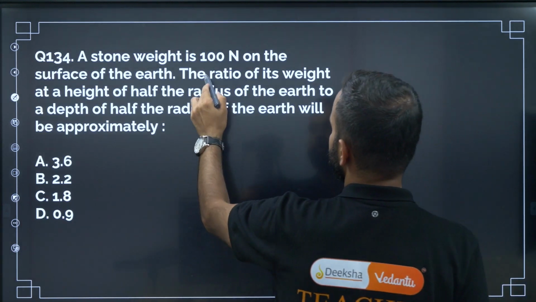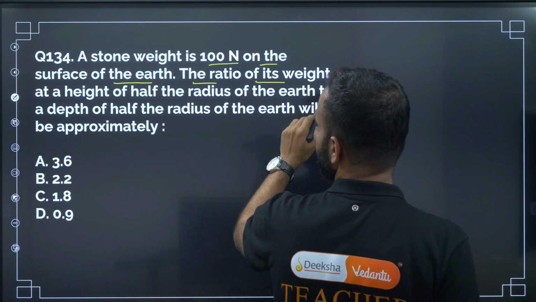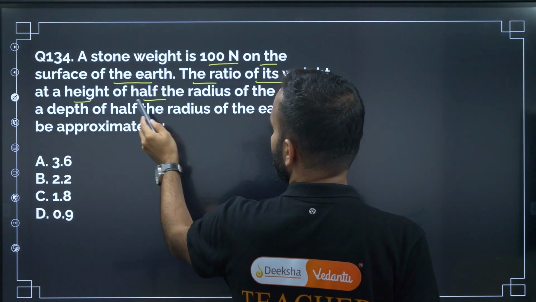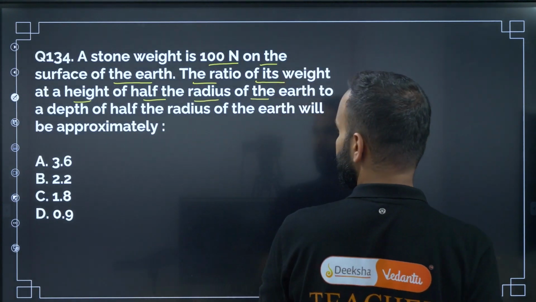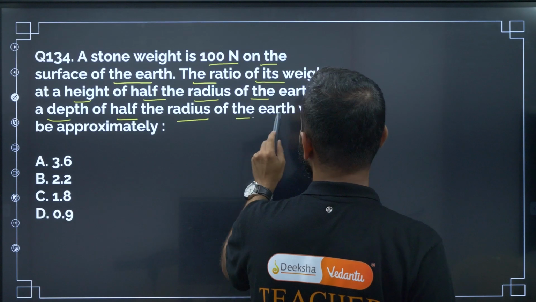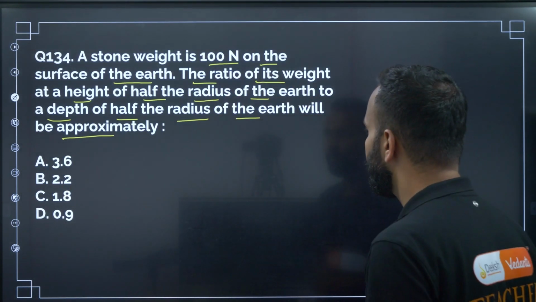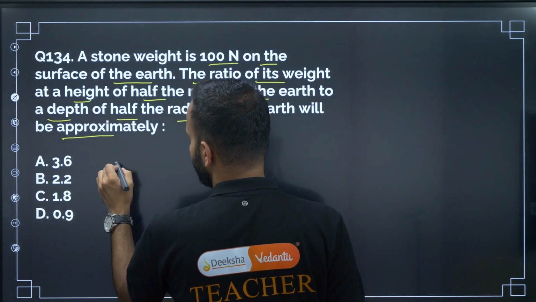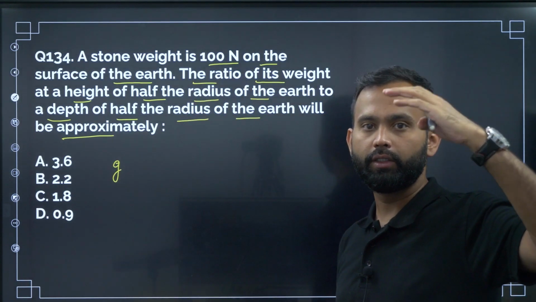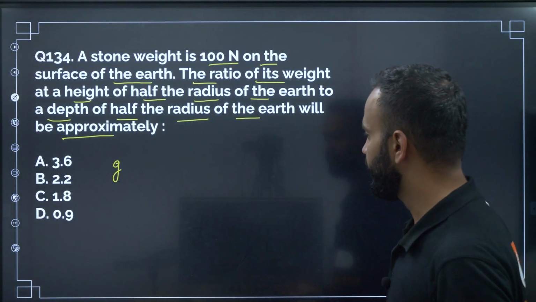A stone weighs 100 Newton on the surface of the earth. The ratio of its weight at a height of half the radius of the earth to depth of half the radius of the earth will be approximately. Okay, so we know the acceleration due to gravity varies when you move above the earth, or when you move below the earth, at depth d, right?